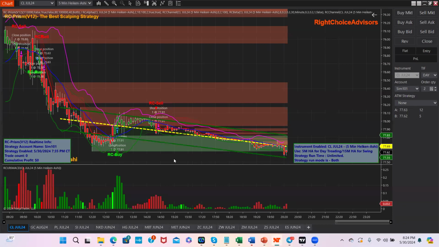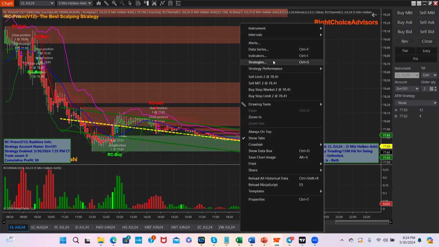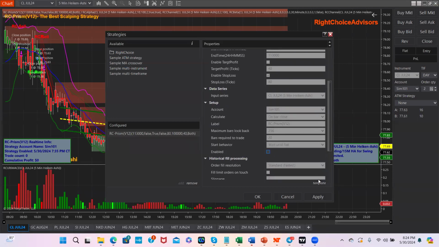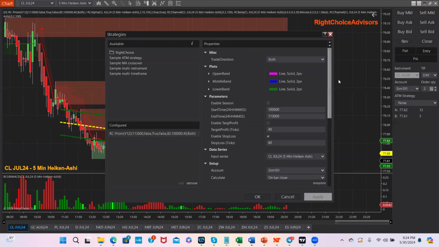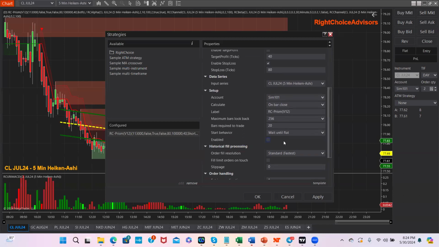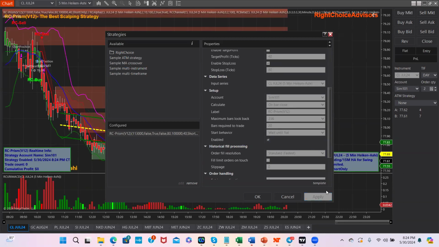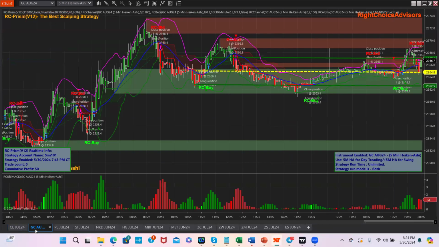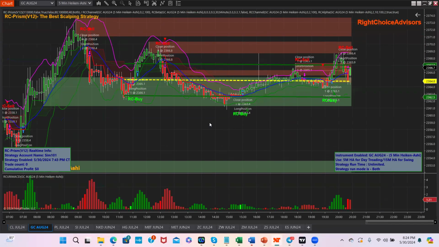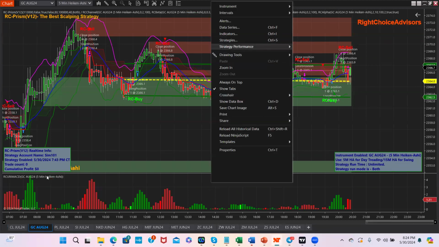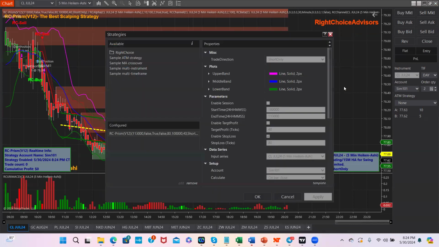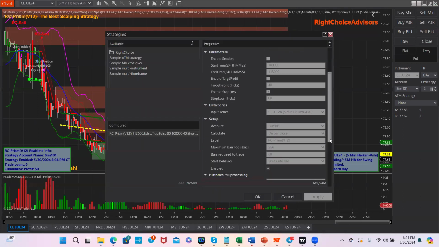Then going back here, you can go to strategies. Now I can directly enable it in the account.